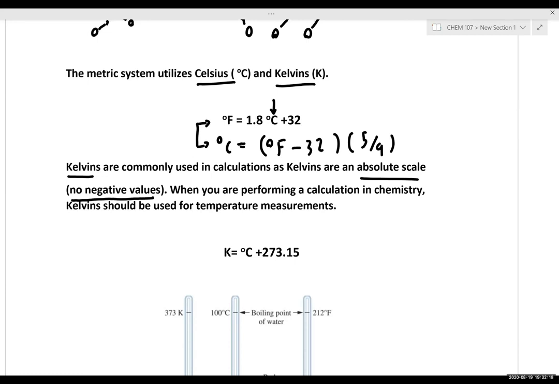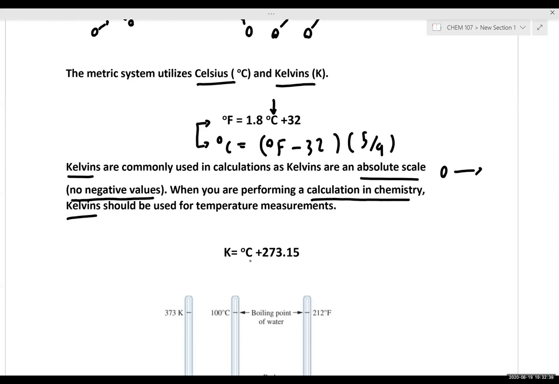So Kelvin is an absolute scale. It goes from 0 to very large numbers. When you're performing a calculation in chemistry, kelvins should overwhelmingly be used for your temperature measurements.